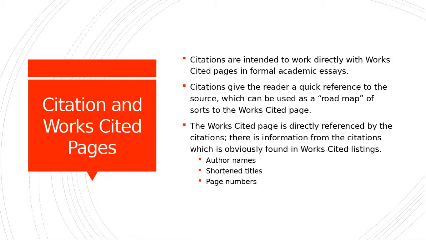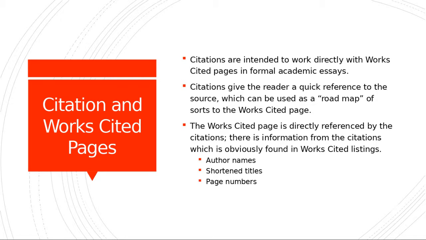Citation and works cited pages. Citations are intended to work directly with works cited pages in formal academic essays. They give a quick reference to the source, which can be used as a roadmap of sorts to the works cited page. Your citation should directly reference one of your works cited. Okay. The works cited page is directly referenced by the citations. There's a lot of information from the citations, which is obviously found in works cited listings, such as author names.